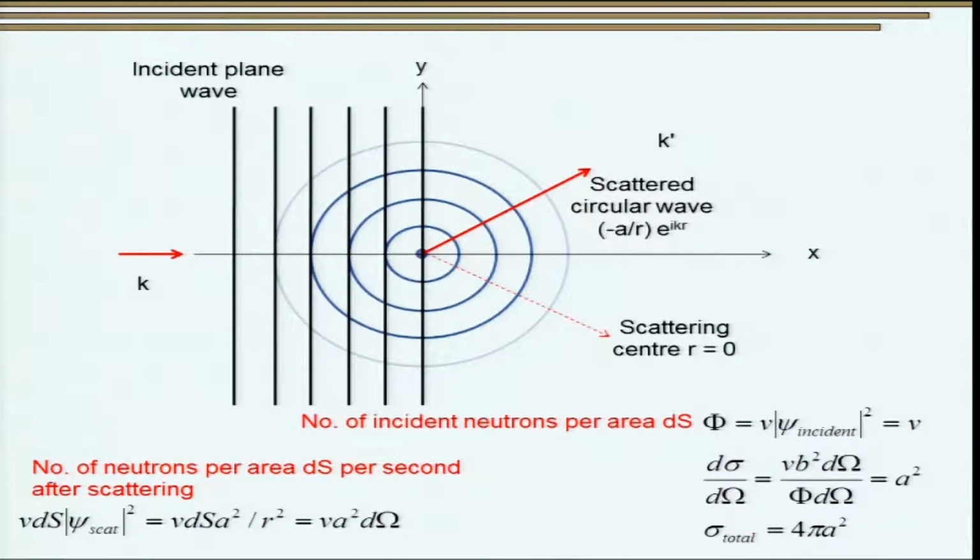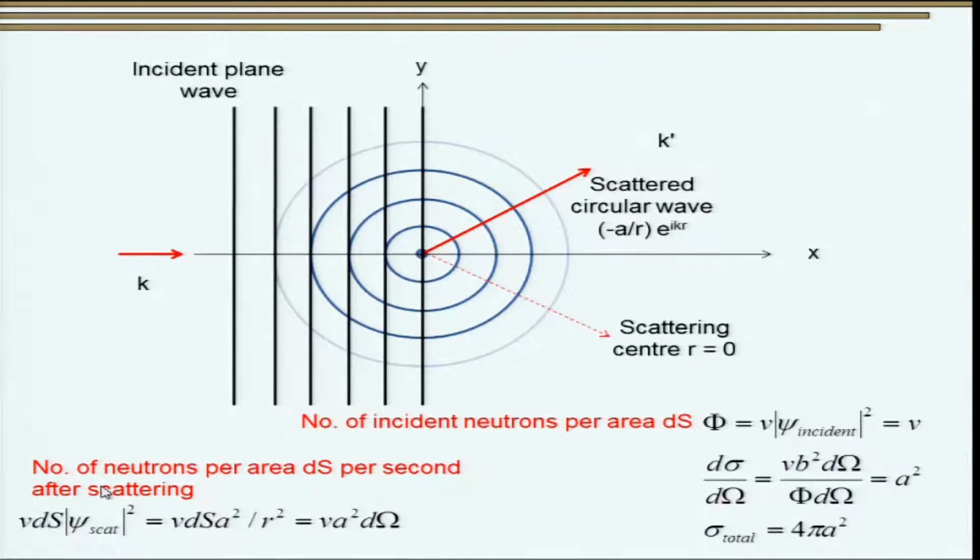A schematic diagram of the same is shown here, where we have an incident planar neutron beam. Here we see that the number of neutrons per area dS per second after scattering is v dS times the scattered wave squared. This is again your wave equation squared, which gives you the intensity. dS is the area and v is the velocity.